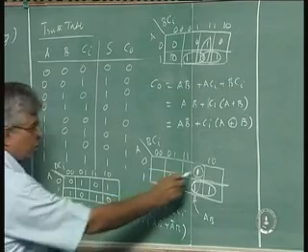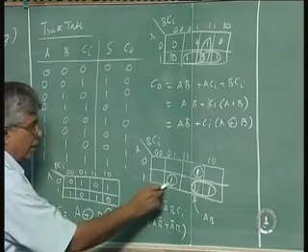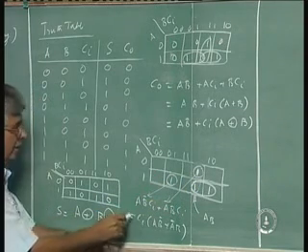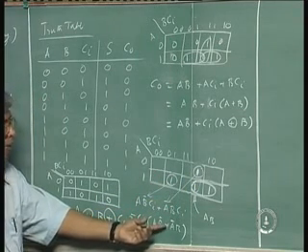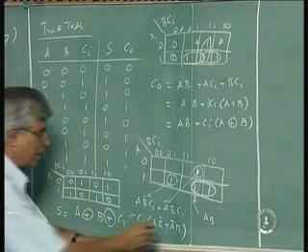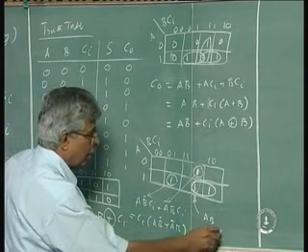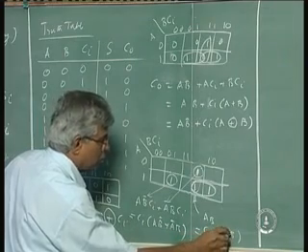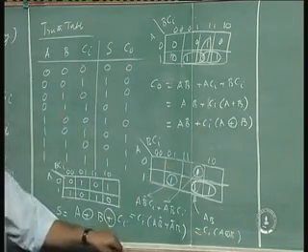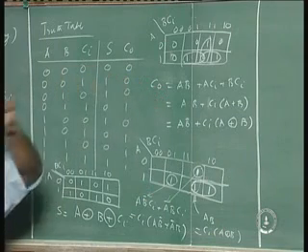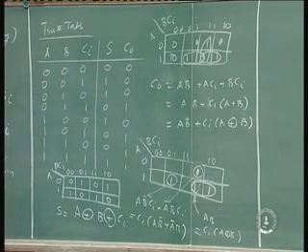These two terms is this, which is equal to Ci times A B bar plus A bar B, which is nothing but A exclusive OR B. So this is same as Ci times A exclusive OR B. That is this.